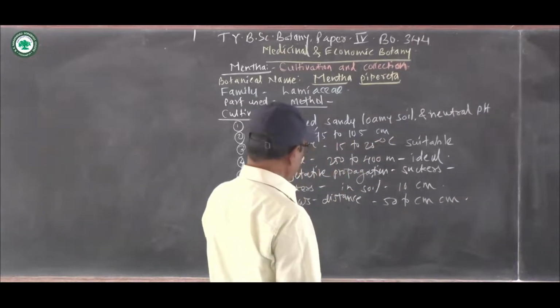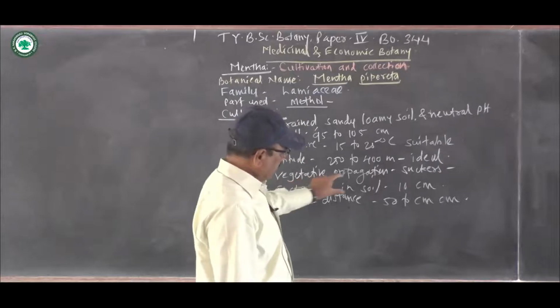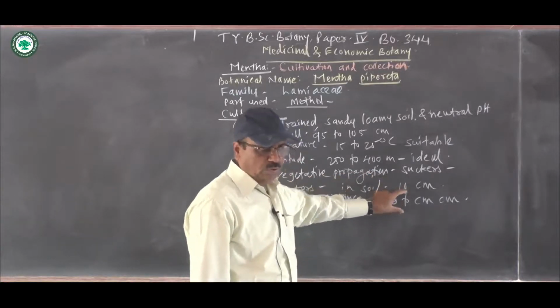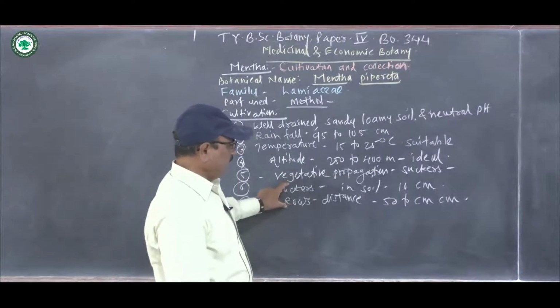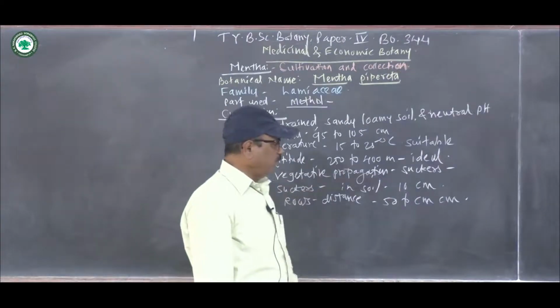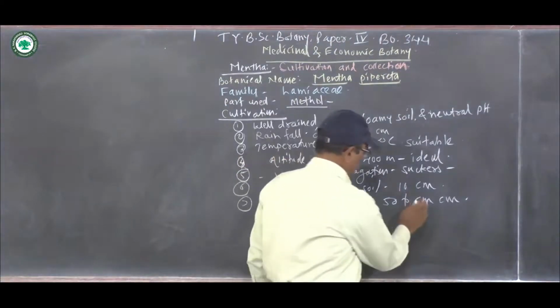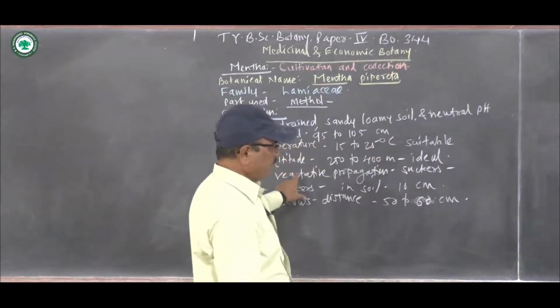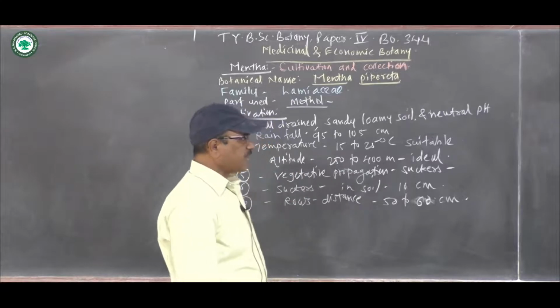Thus here the suckers, plant to plant distance is 10 centimeter, and between the two rows the distance is kept at about 50 to 60 centimeter. Such type of distance is very favorable for the growth.